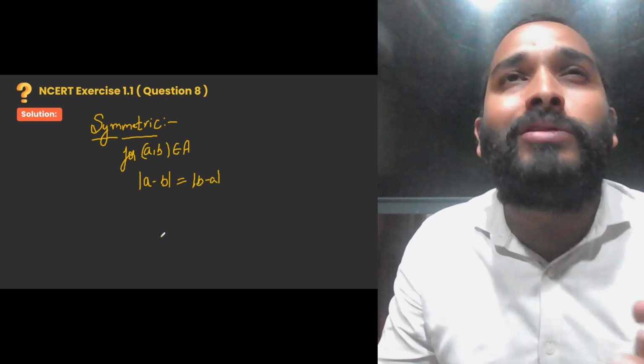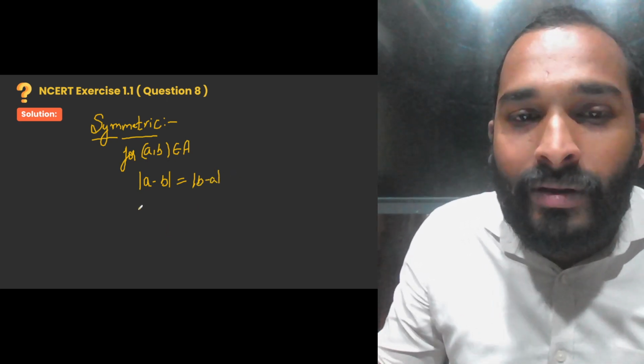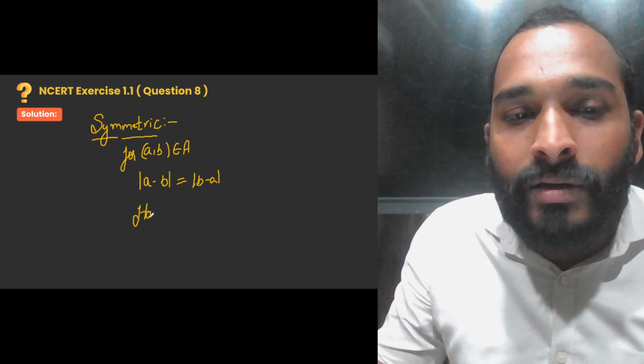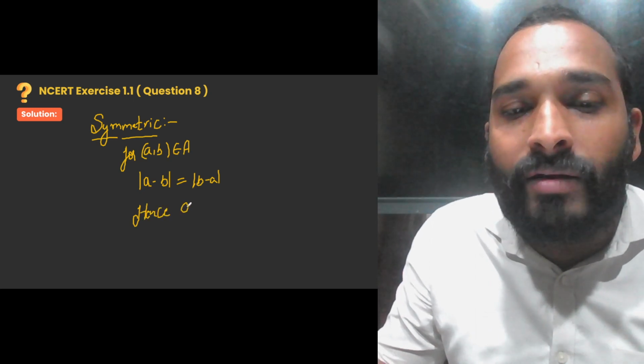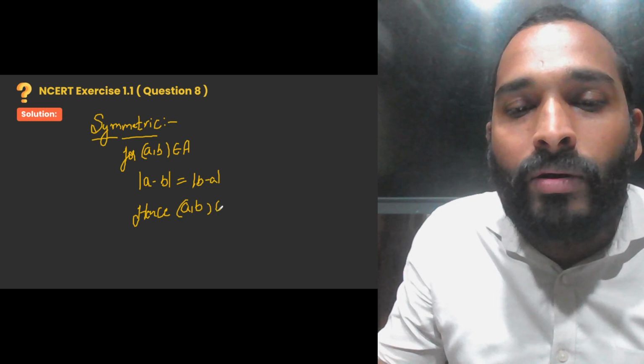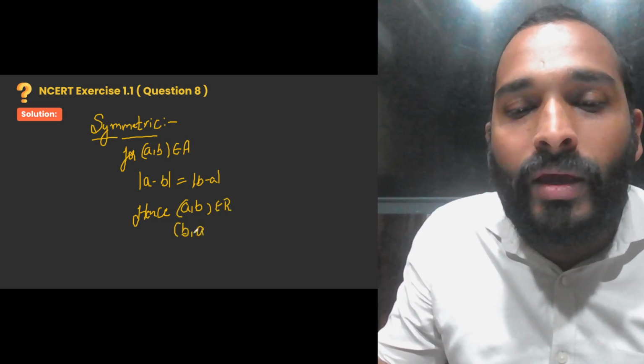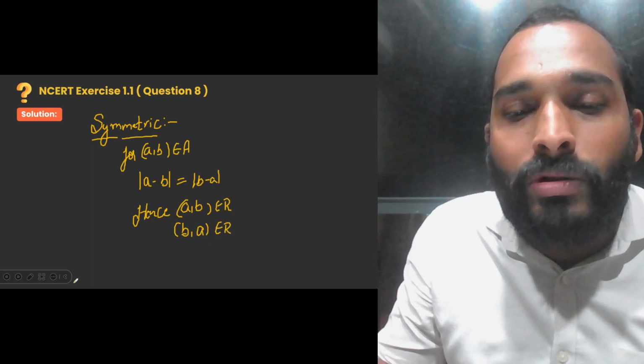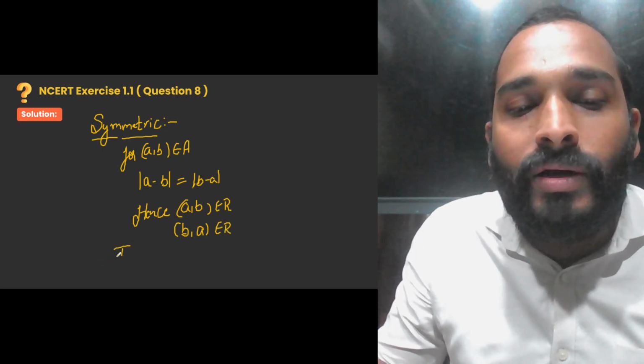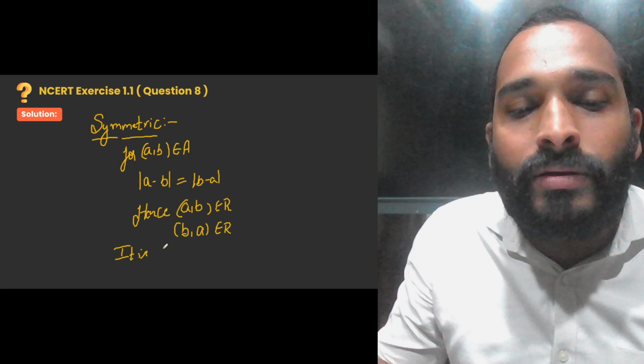Because the modulus of the difference will remain the same. Hence it is symmetric, and I can write A comma B obeys the relation R and B comma A also obeys the relation R. So it is symmetric.